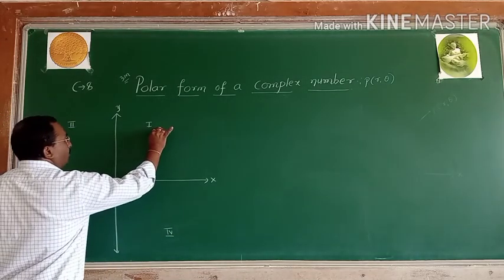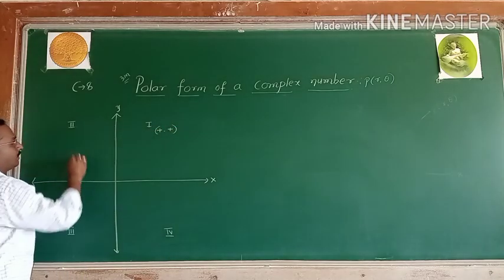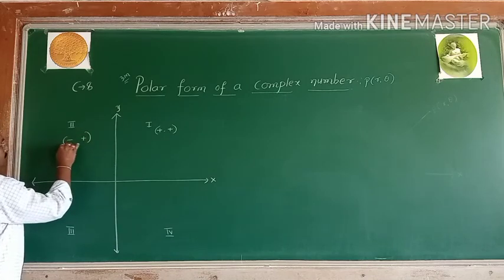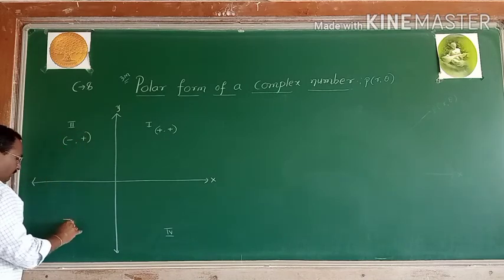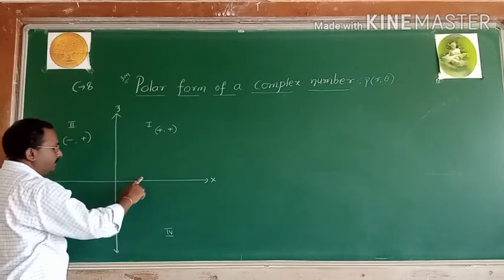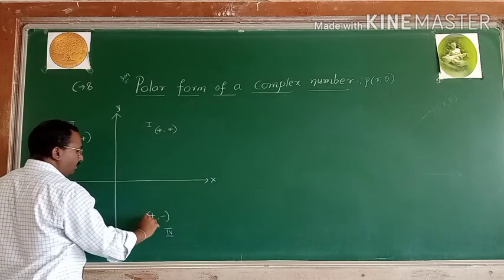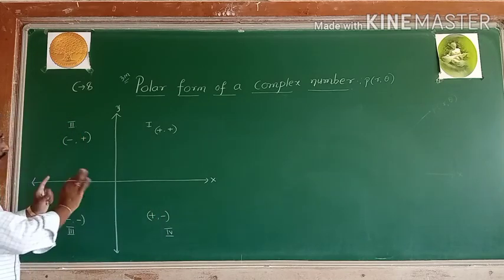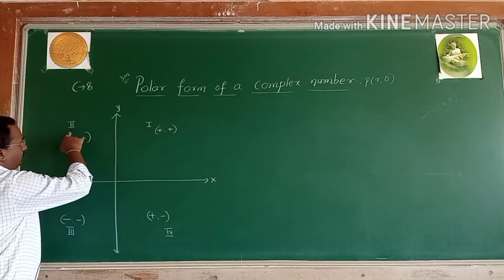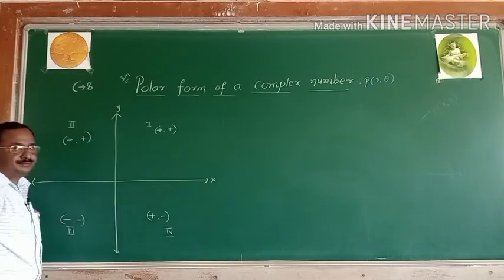In the first, both are positive. In the second, x is negative, y is positive. In the third, both are negative. In the fourth, x is positive, y is negative. It depends upon the quadrant.